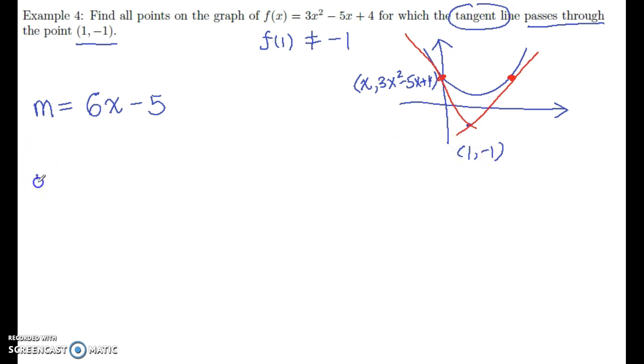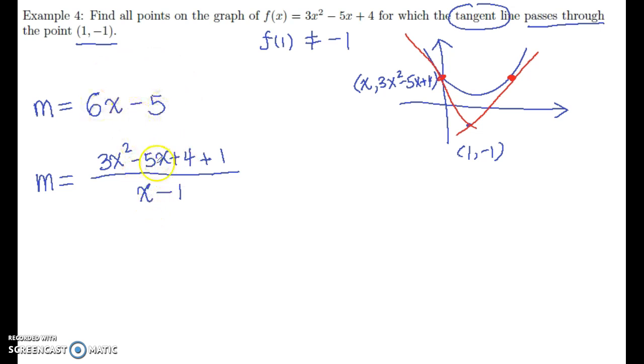If we have 2 points, we can calculate the slope. So the slope, using the 2 points on the line, is the difference in y, 3x squared minus 5x plus 4, subtract -1, which is the same as plus 1, over x minus 1, difference in y divided by difference in x. So we have 2 ways to calculate the slope.